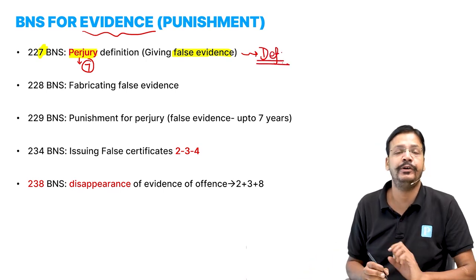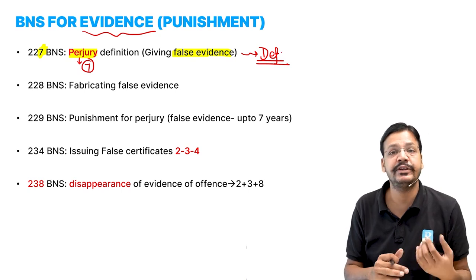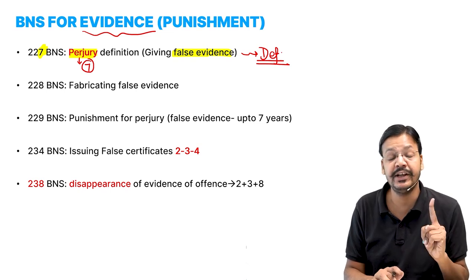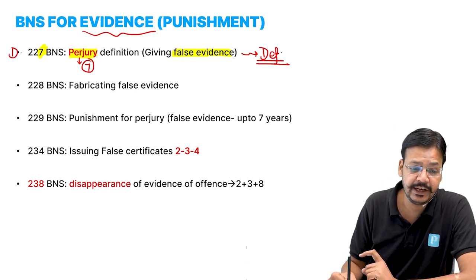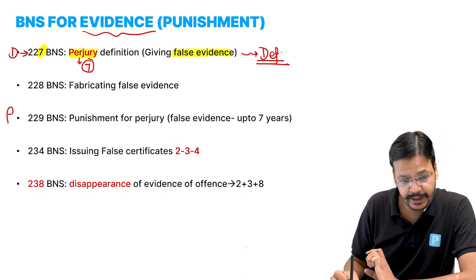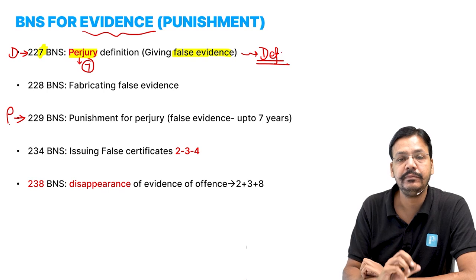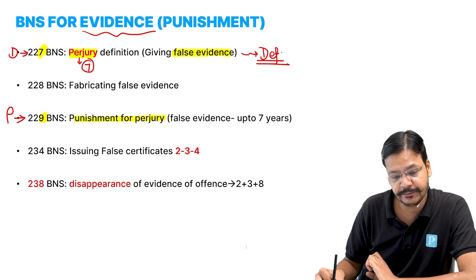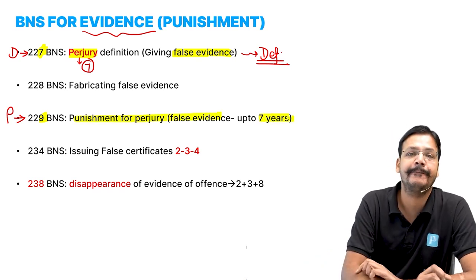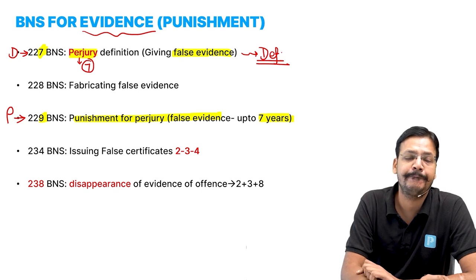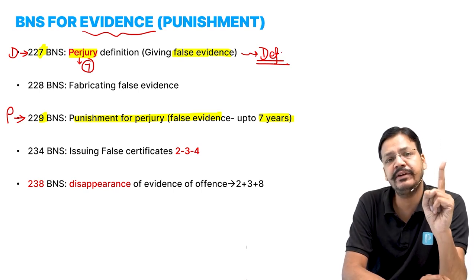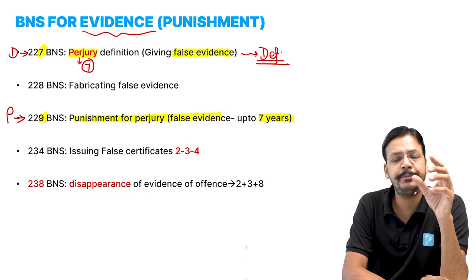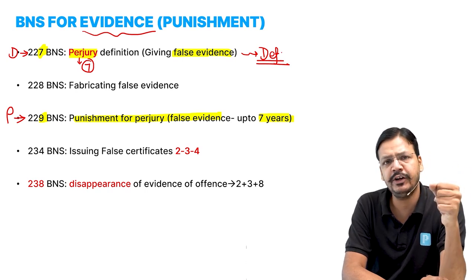So if you get a question, what is perjury? It's false evidence. Which BNS section for perjury? 227, the definition. The punishment of perjury is 229, up to 7 years. So how to remember perjury? 7 letters, 227 for the definition, and the punishment of perjury is 229.